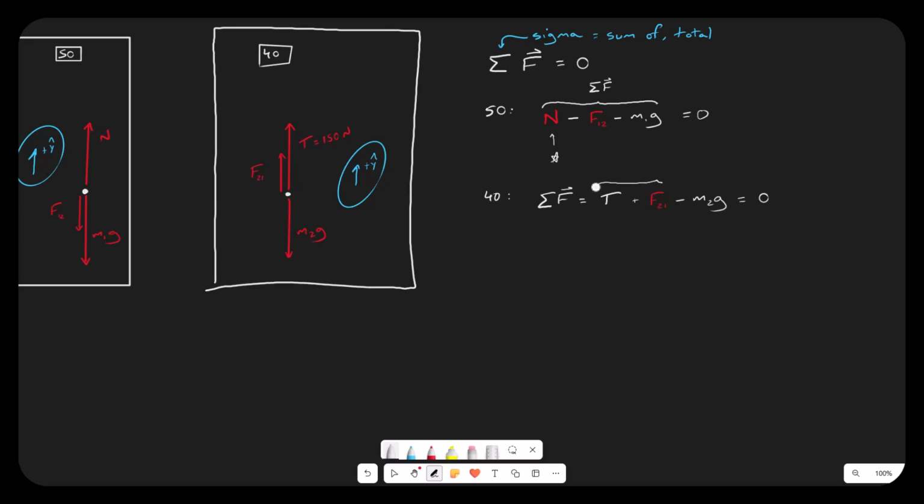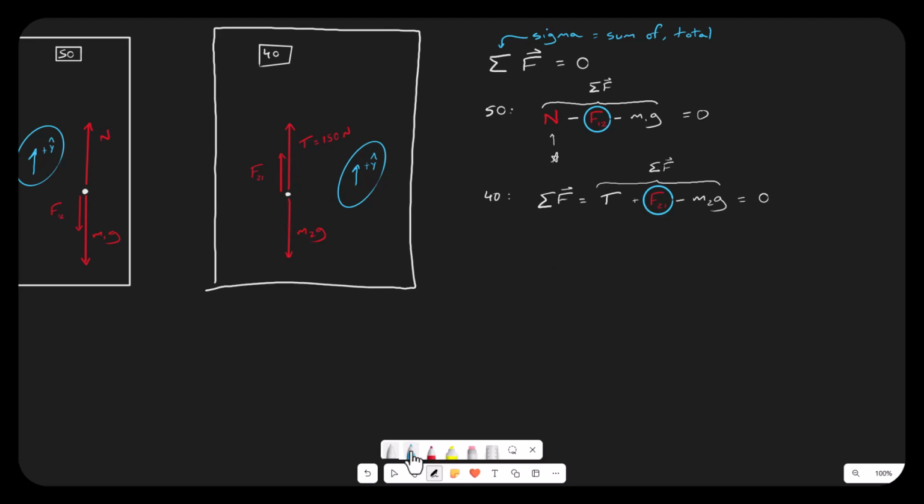Again, this is my sum of forces. This is an equation I can solve. F21 is my only unknown in here, and I know that these two have to be the same. This one shows up with a plus sign, this one shows up with a minus sign. That's what's taking care of the opposite part of equal and opposite. But that's where we are.